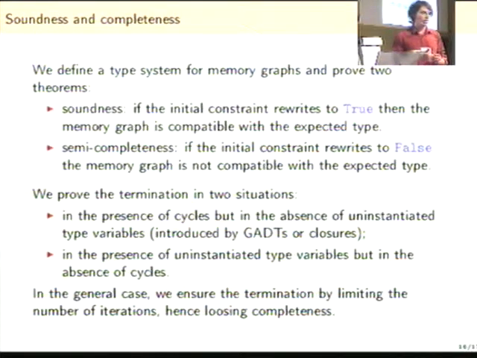We also prove that the two normal forms of our algorithm are true and false. And as said previously, we prove the termination in two situations: in the presence of cycles but the absence of non-instantiated type variables, and obviously also in the absence of cycles. In our prototype, we ensure the termination by bounding the number of times we check a strongly connected component without decreasing arguments.